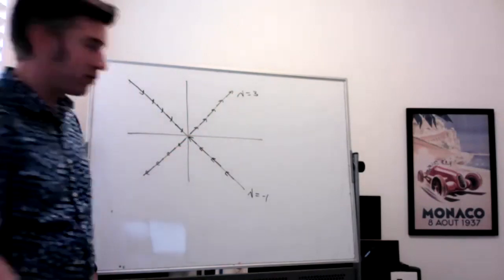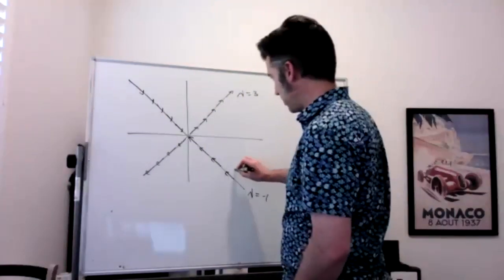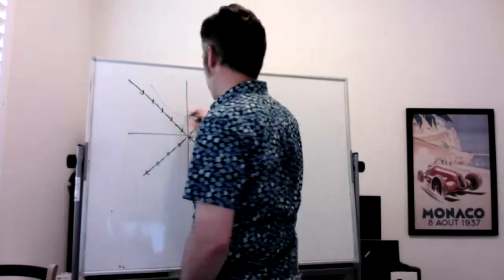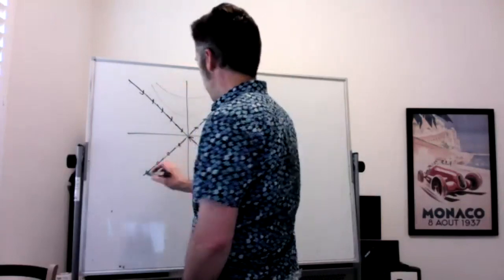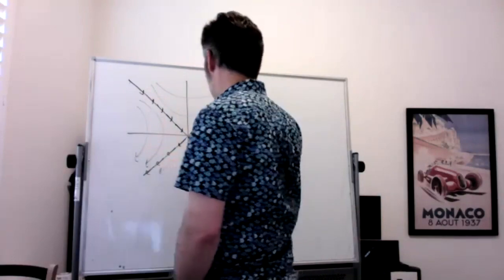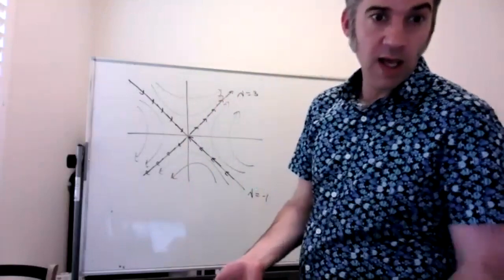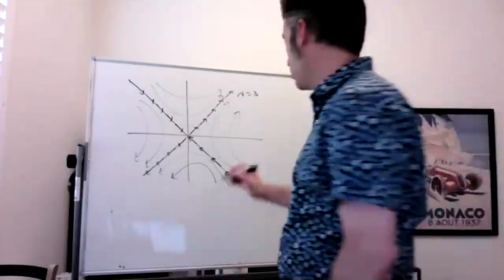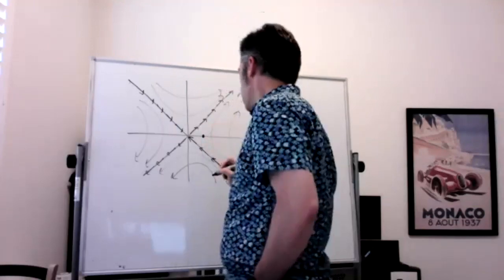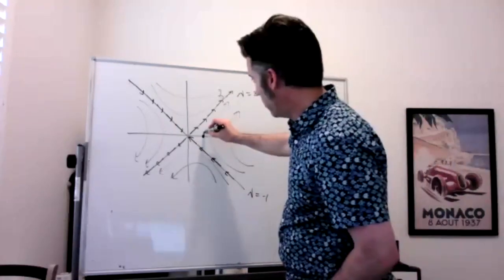Any trajectory, if you start somewhere here, you're going to end up doing something like this, or like this. You start here, you do something like this, and so on. You don't have to draw all these, but this is the idea. Specifically, if our initial condition is (1, 0), so if we start right here, we're going to get pushed this way.